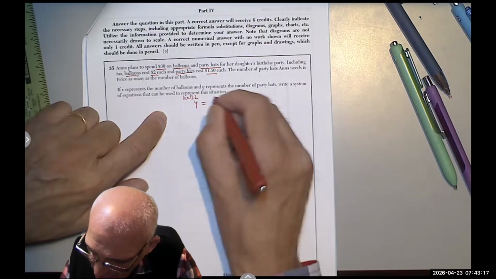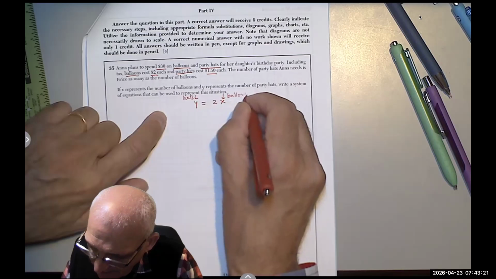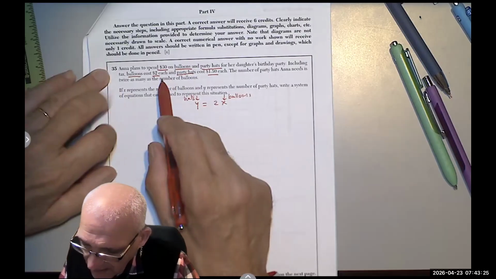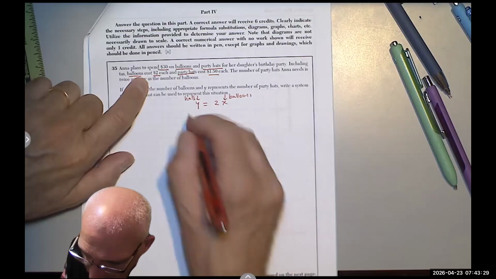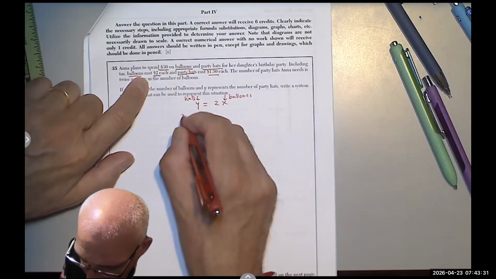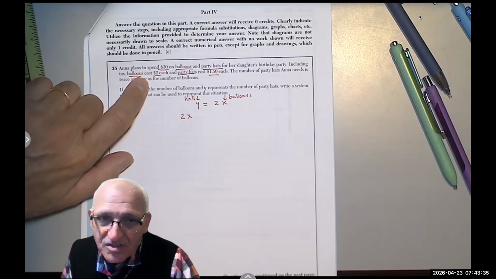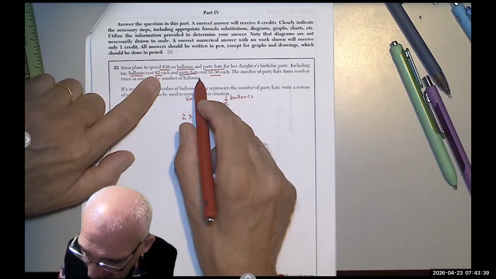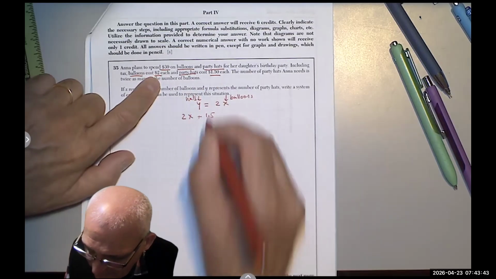Always remember so you don't confuse. Then it tells you each balloon costs $2, there are x of them. So the cost of x balloons is $2x. And each party hat, which is the y, costs $1.50.